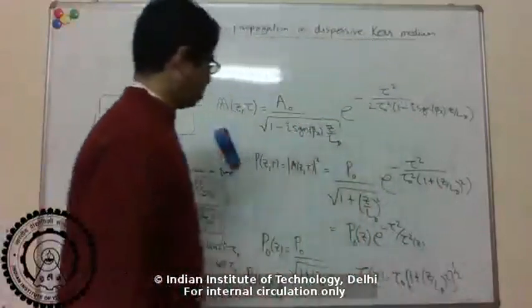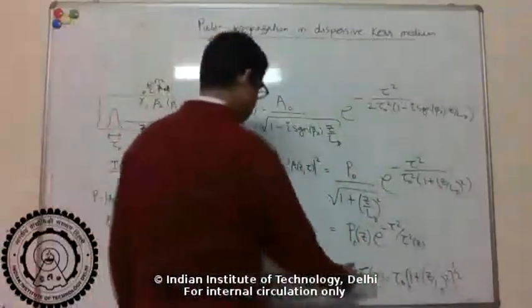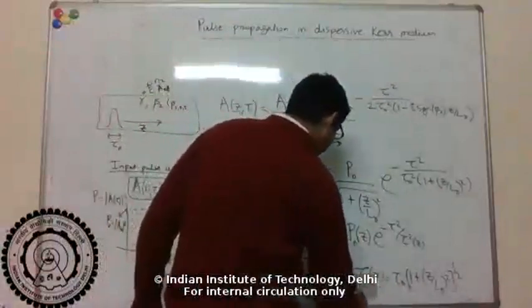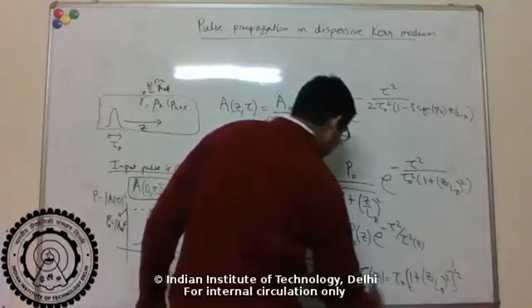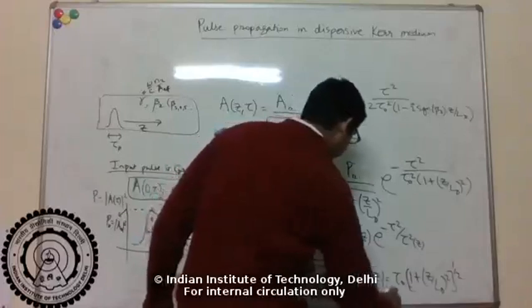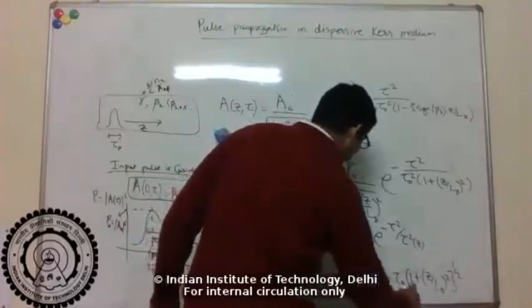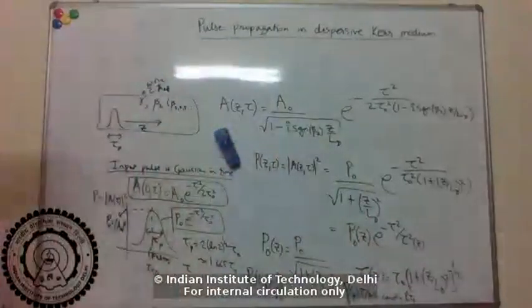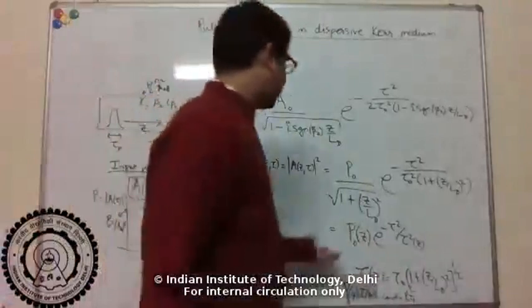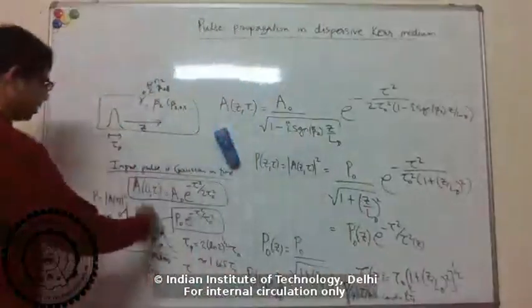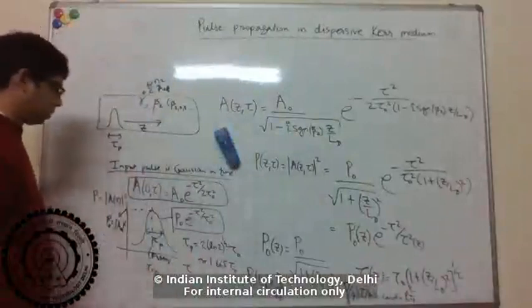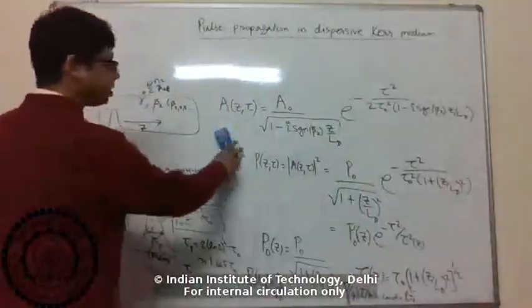So basically, you can see that the product of P naught Z times tau Z remains the same, which is P naught tau naught. Basically, it's saying that if you integrate the power, the total energy in the pulse remains the same, right? So what is happening to the pulse?